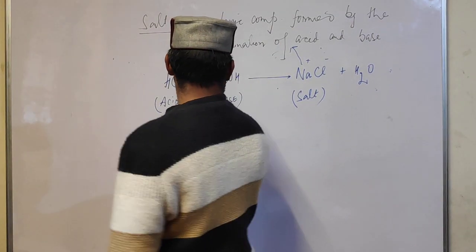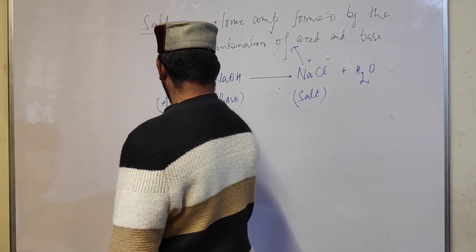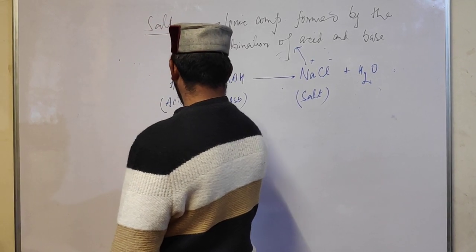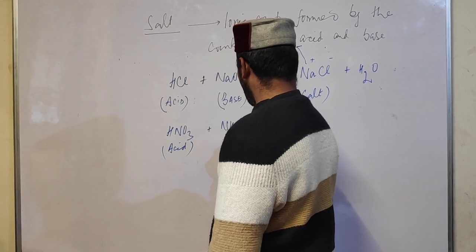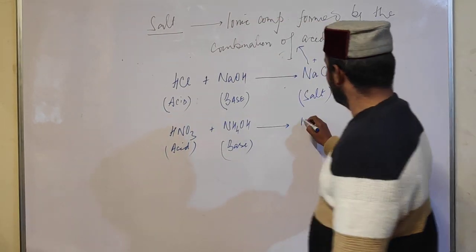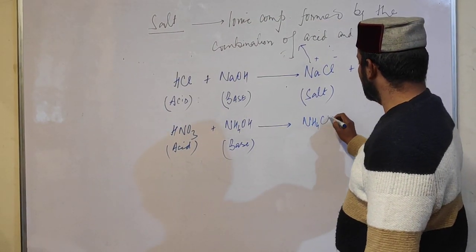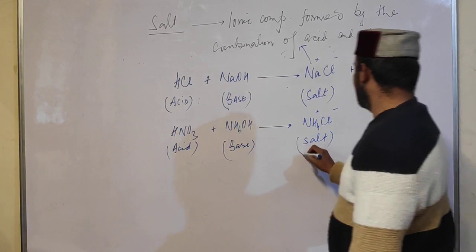There are more examples, like suppose I have acid HNO3, nitric acid, and when it is reacted with ammonia solution, that is ammonium hydroxide, which is a base, we get an ionic compound, ammonium nitrate, and since it is an ionic compound, it is a salt.